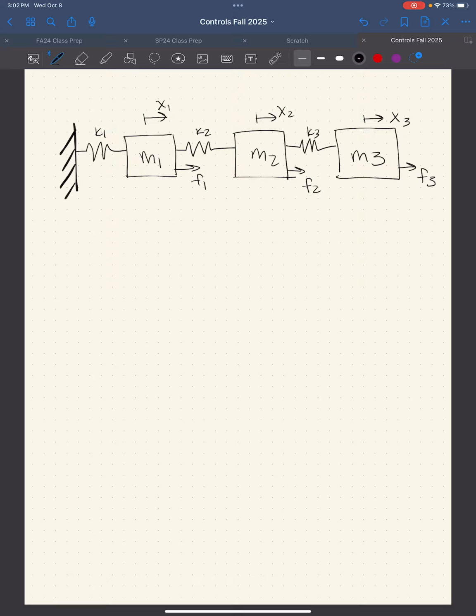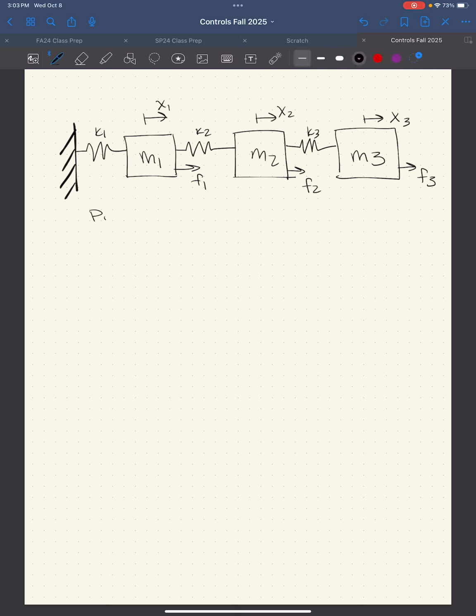So here I have three masses that are all connected in series with a spring in between each. We also have some forces being applied directly to each mass. All right. So I actually haven't given you enough information here.